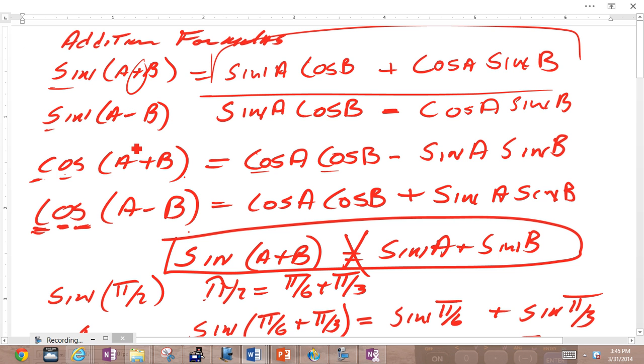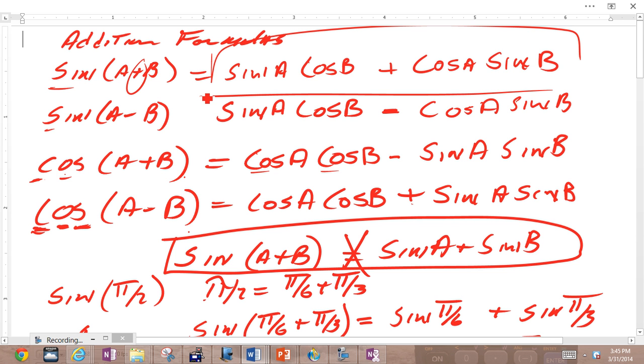For sine and cosine, the easiest to remember is the cosine. Cosine spells it out for you: cosine, cosine, opposite, sine, sine. Cosine A, cosine B, opposite, plus sine, sine.